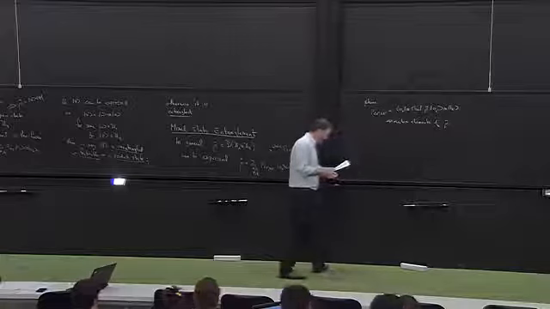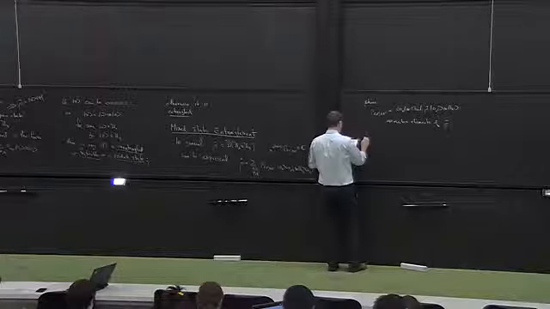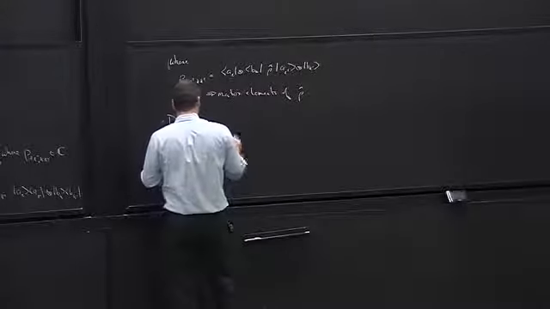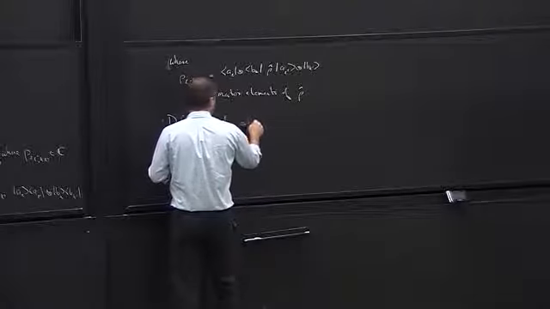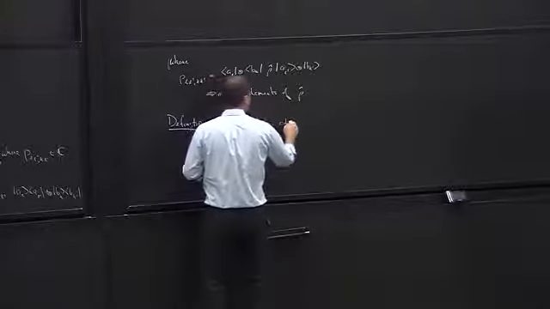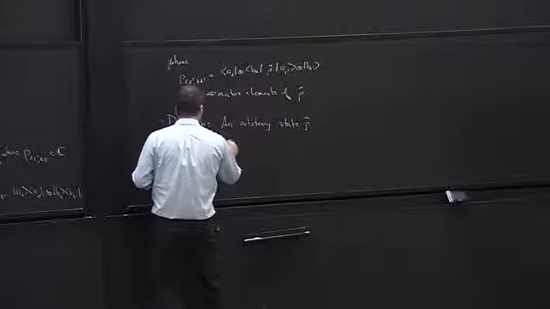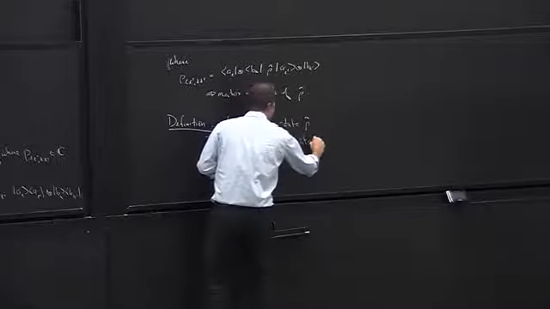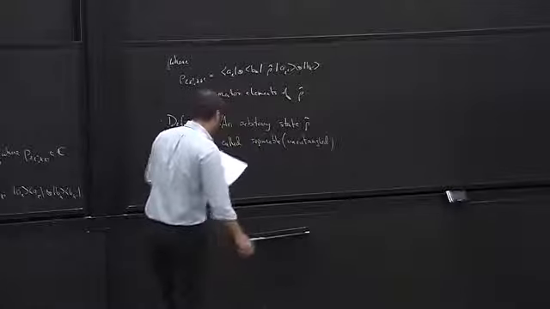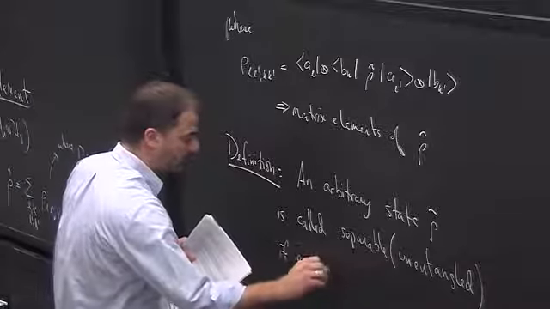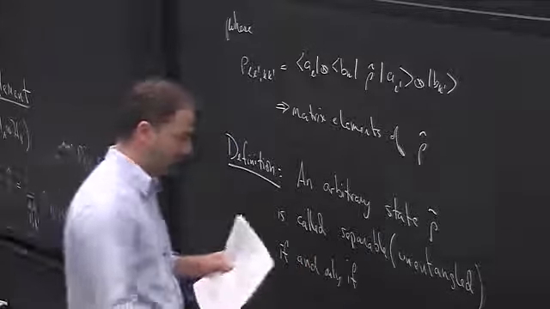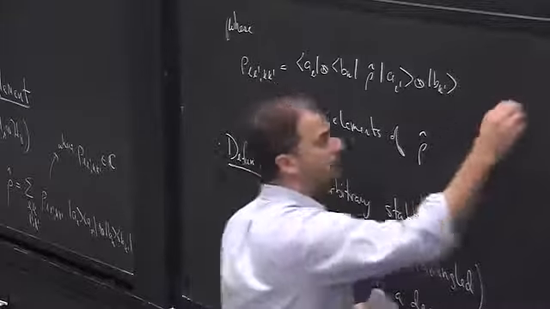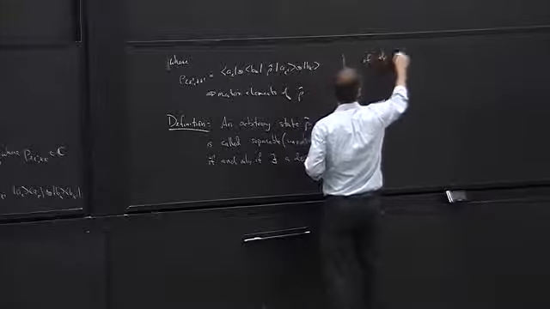So now here's how we define entanglement. We say for a general state, an arbitrary state rho is called separable, which is equivalent to unentangled, if and only if there exists a decomposition of the form rho equals the sum over i of p_i rho_i^A cross rho_i^B.